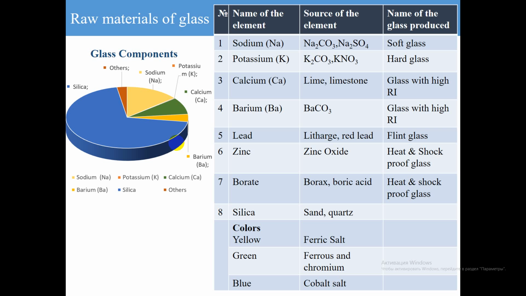Aircraft windows are made from Perspex, which includes polymethyl methacrylate, because it's significantly lighter in weight than glass.